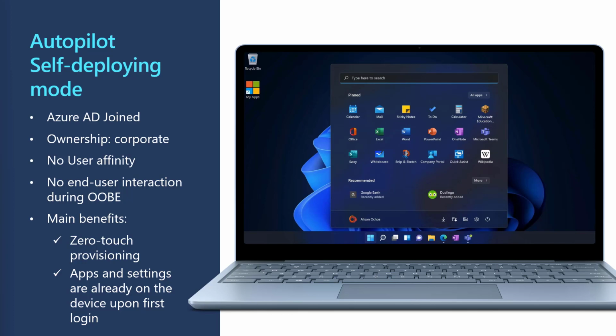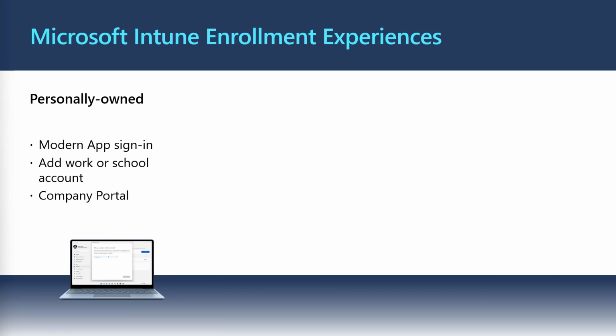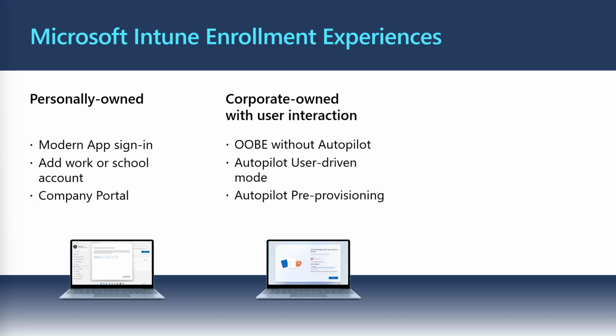So let's now recap what we covered today. We started with the enrollment of personally owned devices by looking at modern app sign-in, add work or school account, and enrollment via company portal. Then we moved to corporate-owned scenarios.